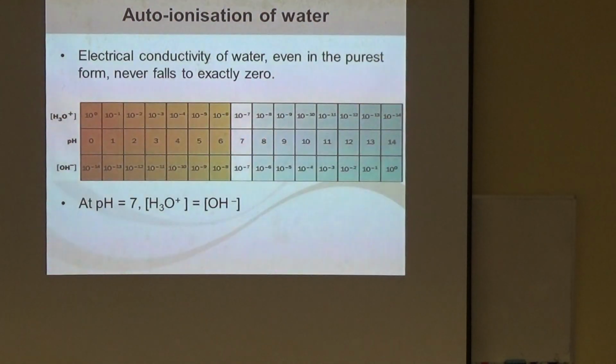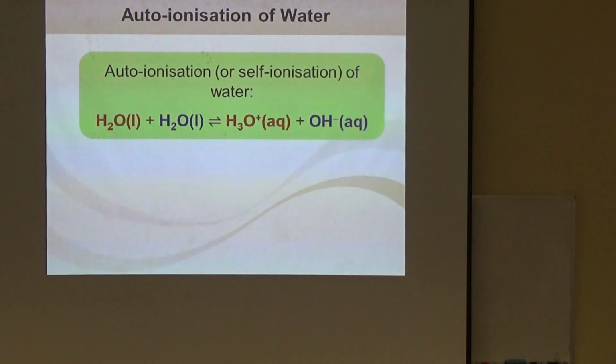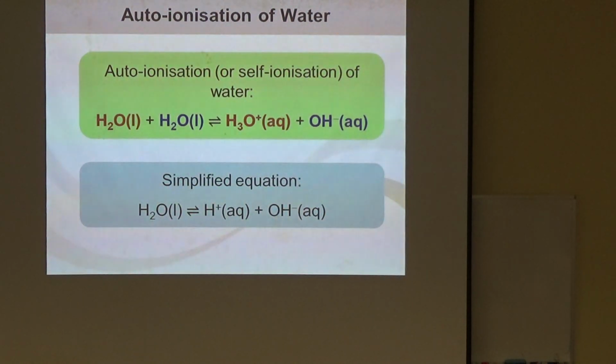So there's still some ionization. Water will ionize and two water molecules will combine, and then there's an equilibrium with H3O plus and OH minus. Okay, the simplified equation is this.